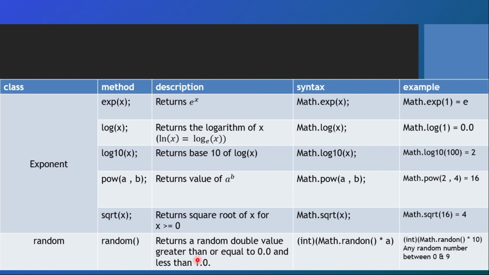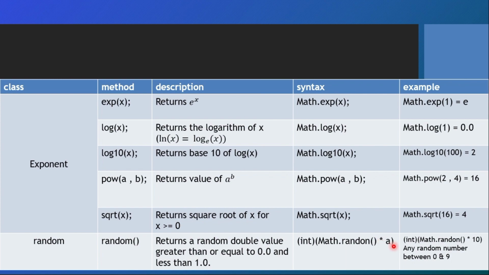So if you want to get an actual value, let's just say an integer within this range, you're just going to declare the syntax using int. We talked about narrowing the data types or explicit casting, and we're going to explicitly cast this method math.random, and then we open our parentheses, and then we multiply it by any value a.